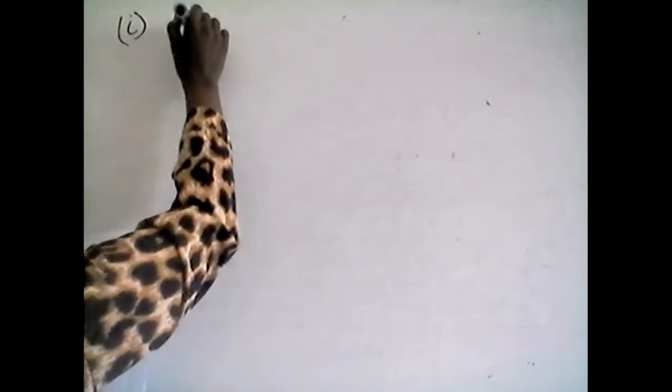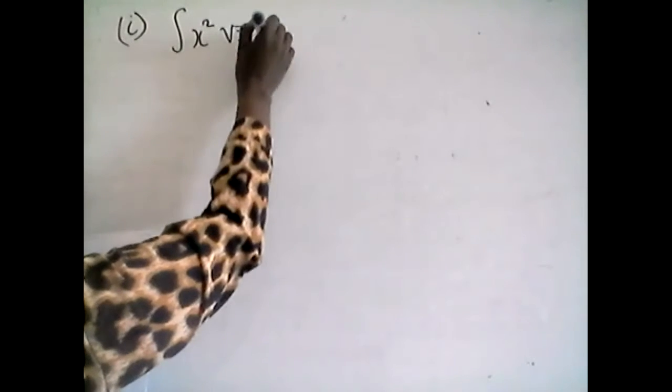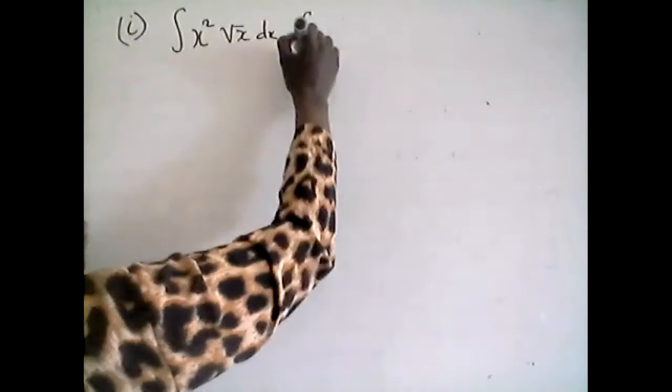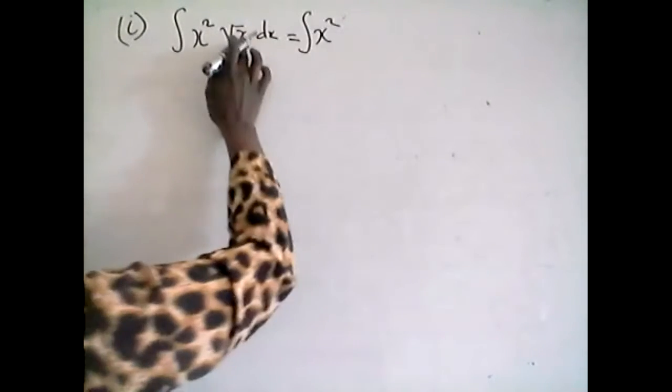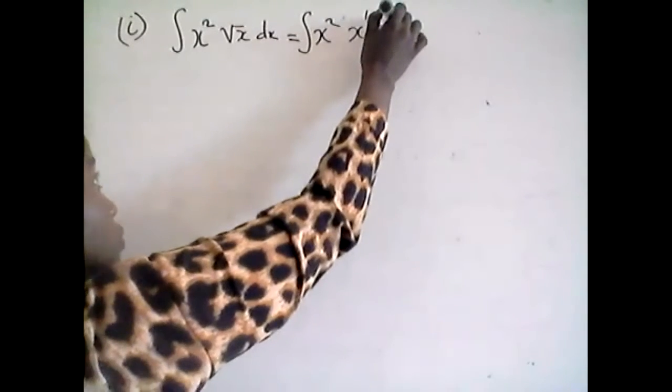So we have the integral of x squared root of x dx. When you look at that, it is just the same as the integral of x squared times x to the power 1/2 dx.